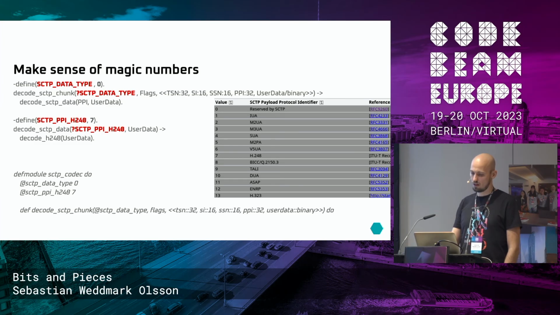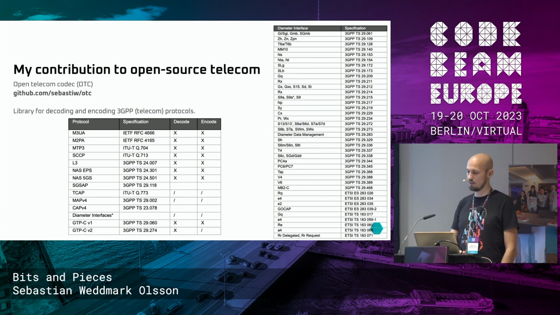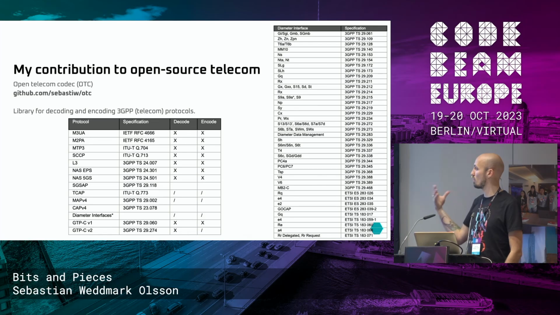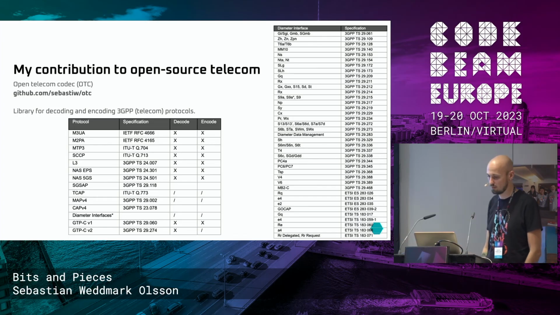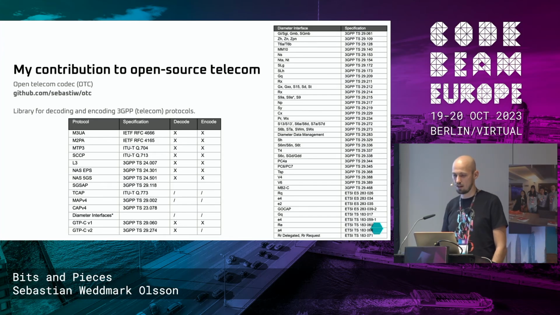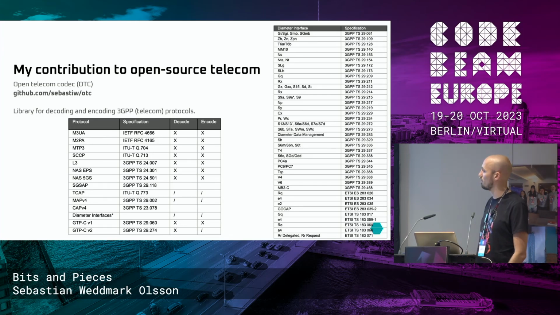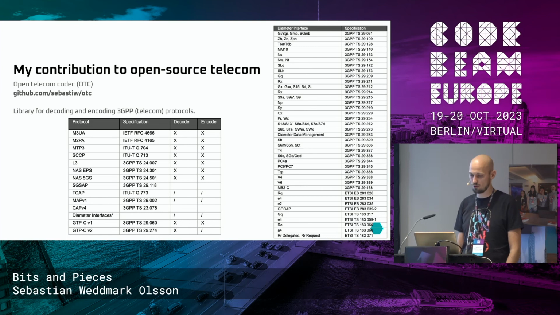And finally, what I've done is I've written a codec for a lot of different telecom protocols, so you don't have to go in and look at these 3GPP specs. So this is my contribution back to the open source community.